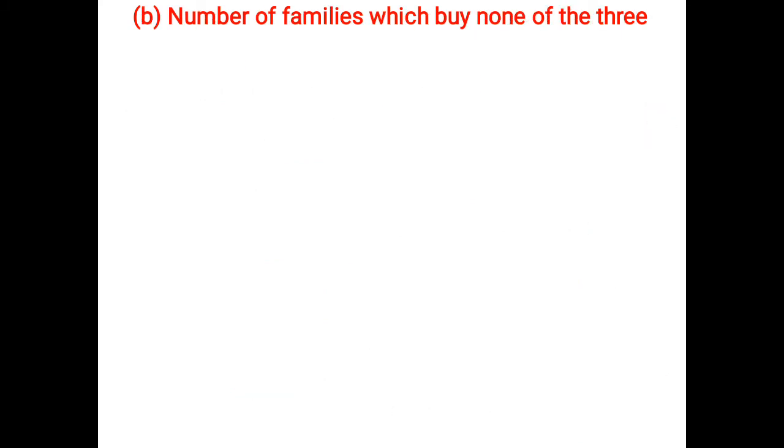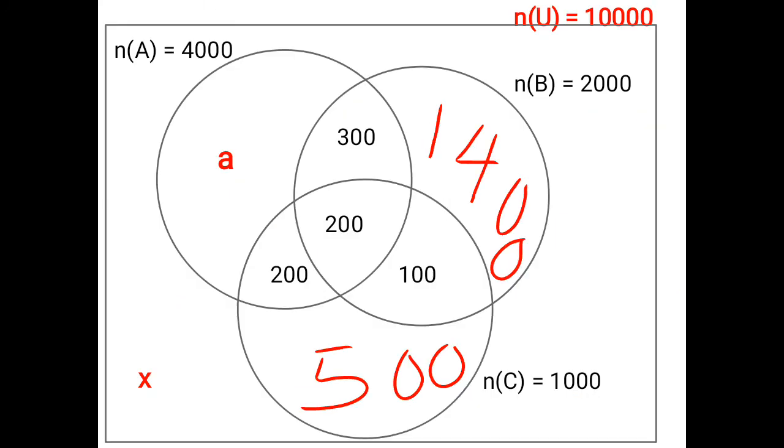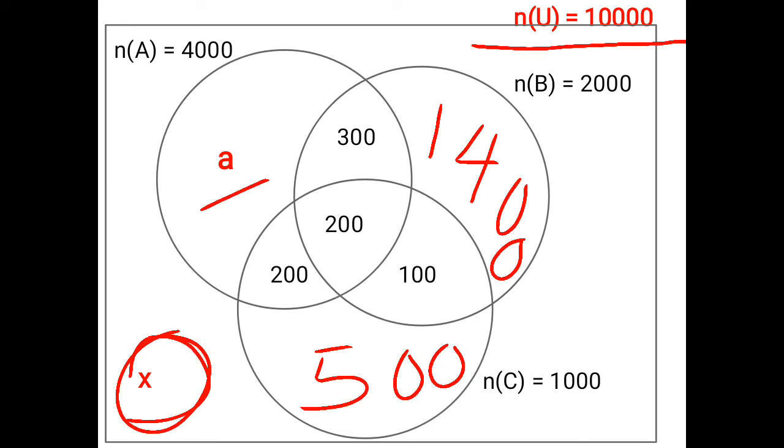Then the next question says the number of families which buy none of the three. None of the three, that is the complement. So I know the values in all the circles. I add all of them as well as the x, which is my complement. I equate to the total, because we know that everything in the rectangle should give us the total.